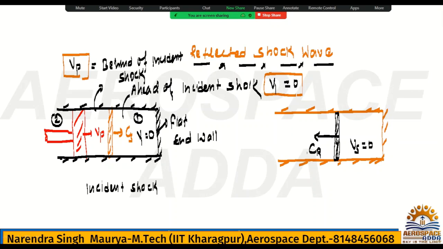All right. And this is CR, which is the reflected speed, but at the same time the piston will be coming towards this side only. Yes or no? Because this shock is moving ahead of the piston. This shock will go and hit the end wall and get reflected, but the piston will be moving this side only, so this velocity will be Vp only. Yes or no? This velocity will be Vp only. This is the reflected shock.